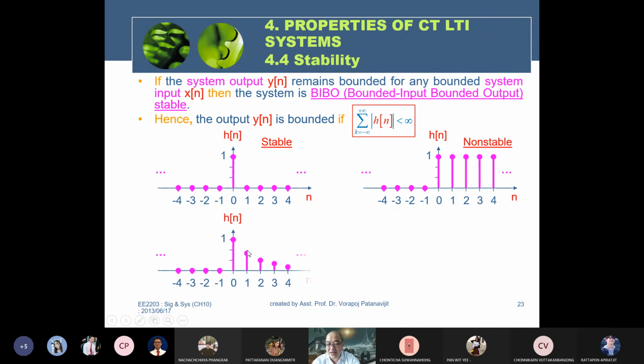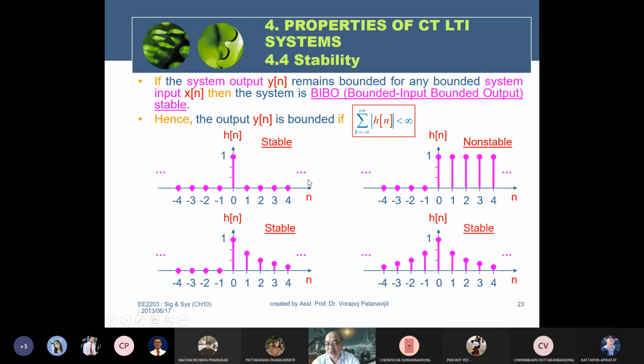For here, you can use the geometric summation with the decaying exponential. With the summation operator, we can prove that this is stable. But here, this is 2 times the left-hand side. Therefore, if this one is stable, this one is stable too. You can see that.